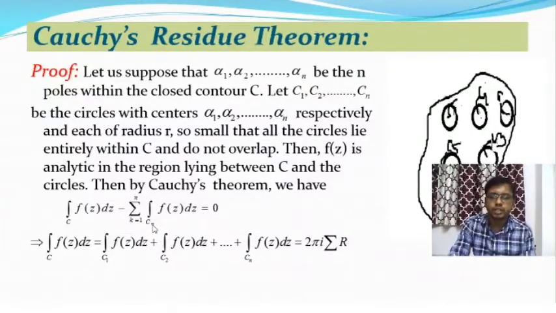When we put k is equal to 1 in this integration, we will get this one, and if we put k is equal to 2, then we will get the second integration, and up to if we put k is equal to n, then we will get the nth circle, so integration over Cn of f of z dz. So that is, and from this we will get 2 pi i into the summation over R, where R is the residue at the points alpha 1, alpha 2 and up to alpha n.